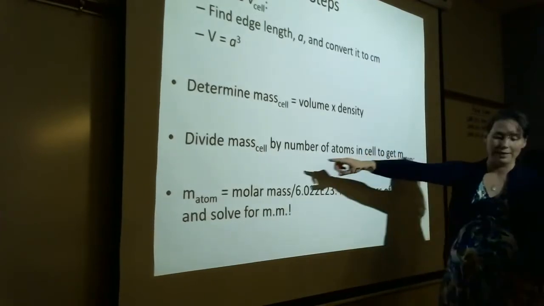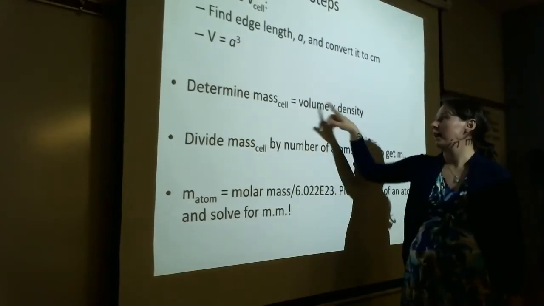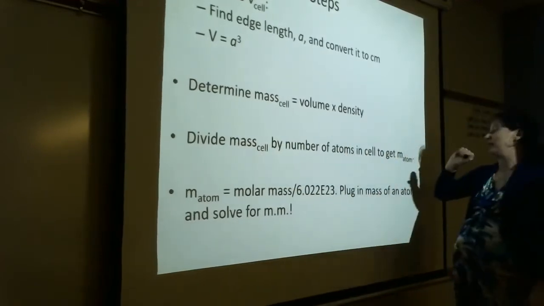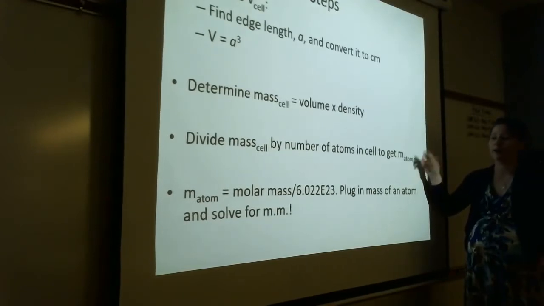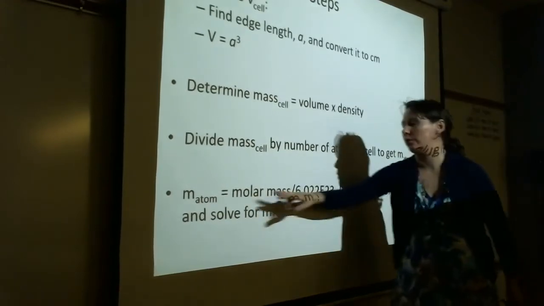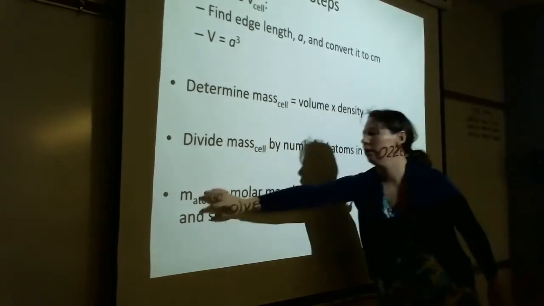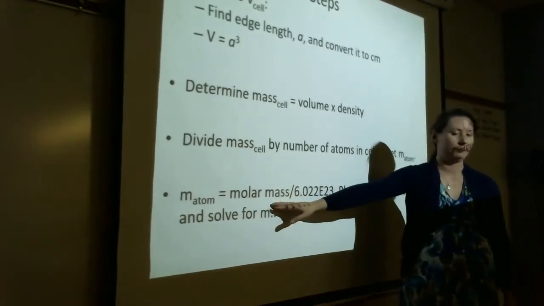Because we're getting the mass of the cell here. Volume times density gives us mass of the cell, but we want mass of an individual atom. And now, if we know that mass of an atom is equal to molar mass over Avogadro's number, this gets plugged in here. This is a constant, and then we can solve for molar mass.